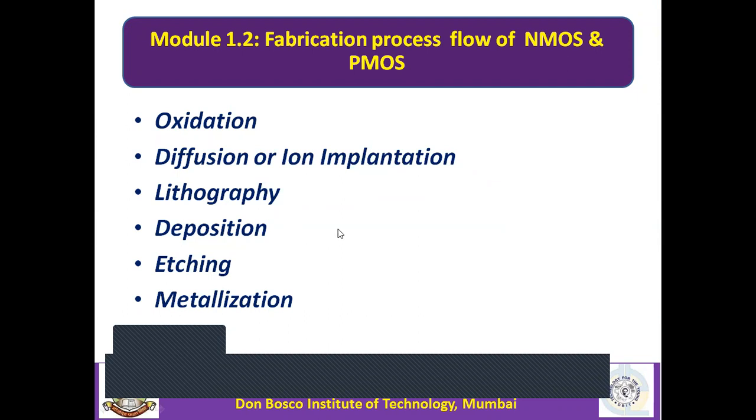We consider the silicon material, because everything is fabricated in silicon, and creating a circuit in that is called lithography. We will see that. Deposition means we are depositing something. Etching means whichever is not required is etched out or removed. And metallization means finally we connect all devices together.